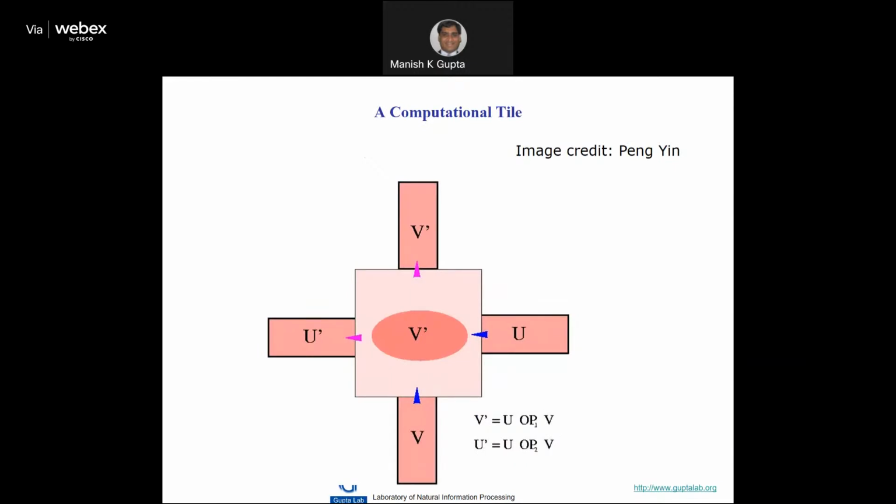This is the general definition of a computational tile: there are 2 inputs and 2 outputs, and whatever is on the output is the face value of the tile.